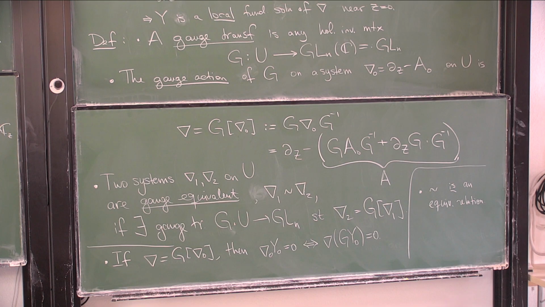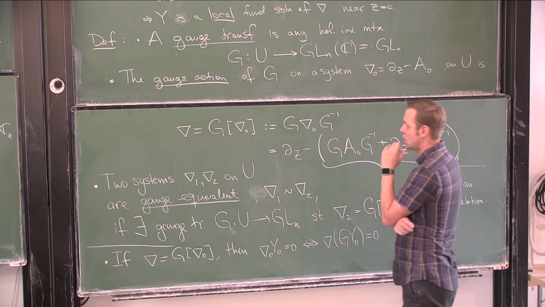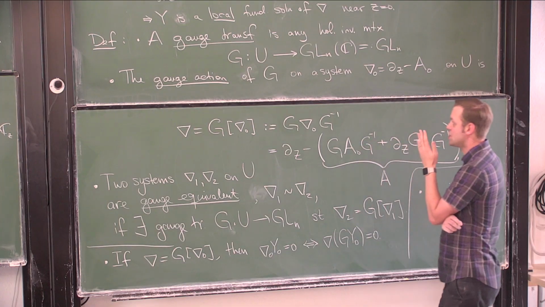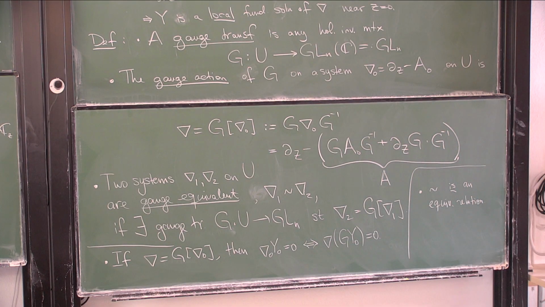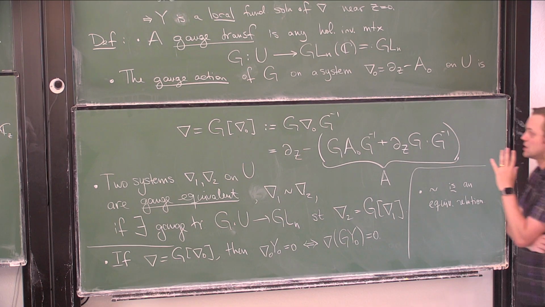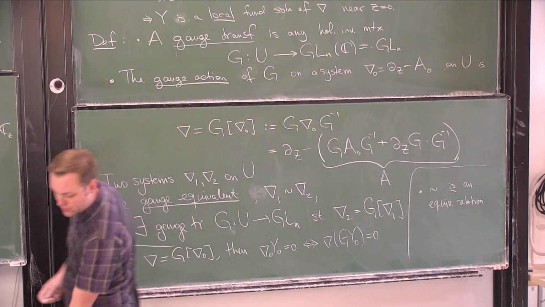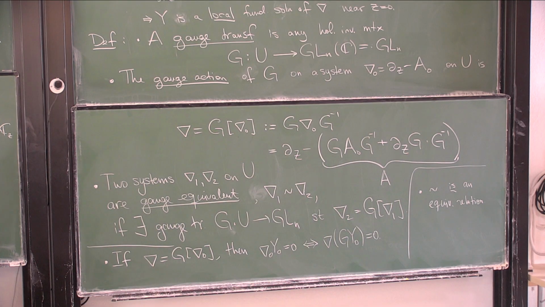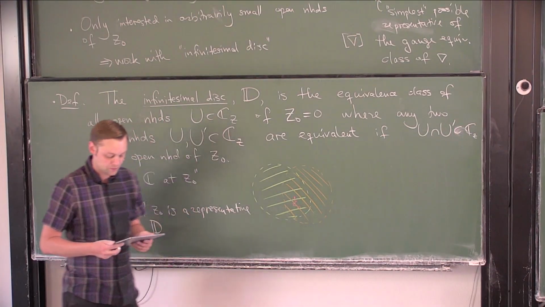Sure. I am not placing any restrictions on how G behaves at the boundary of U. So in particular, if U is C, I'm not saying how G behaves at infinity. I'm only interested in this open set, and in particular, I'm really just interested in a small neighborhood.